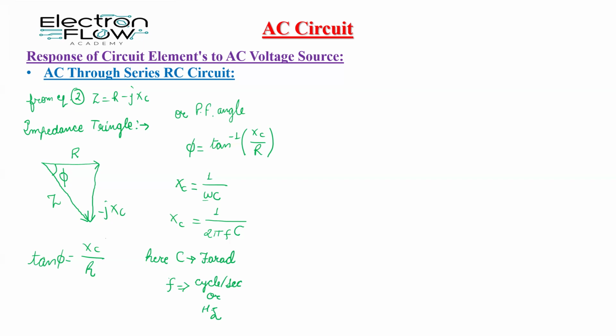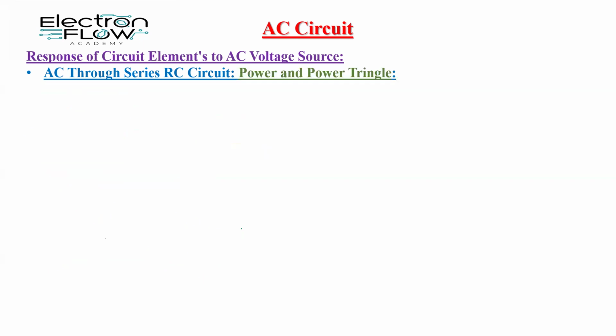Okay, so this is how we can understand the impedance triangle of the series RC circuit. Now the next thing is the power and the power triangle of the series RC circuit. What will be the power and the power triangle?